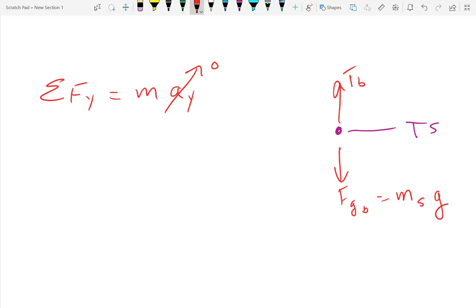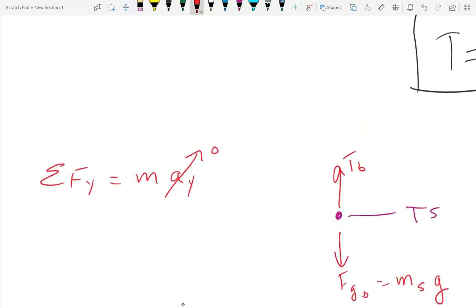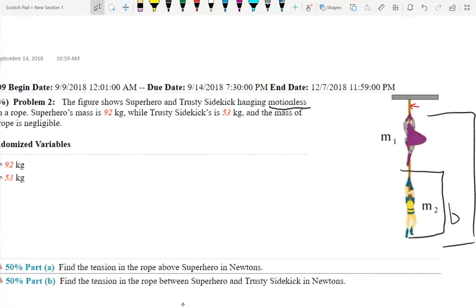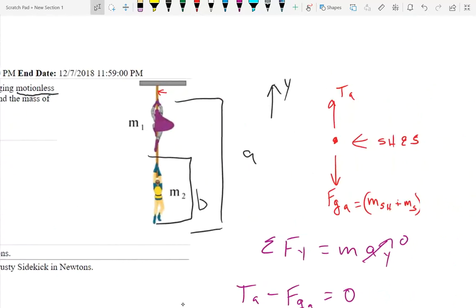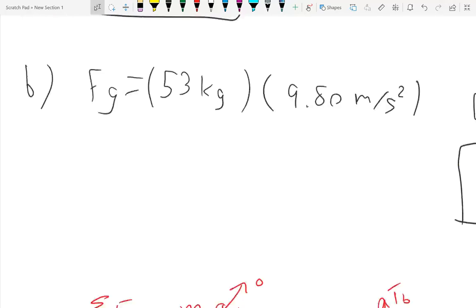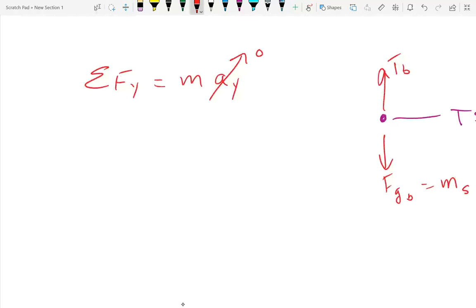You have the free body diagram to make this step easy. Okay? Almost. Force of gravity is acting, but what direction is it acting? Downward. So since up was defined as the positive direction over there, then force of gravity is in the downward direction. So I'm going to have minus the force of gravity B.